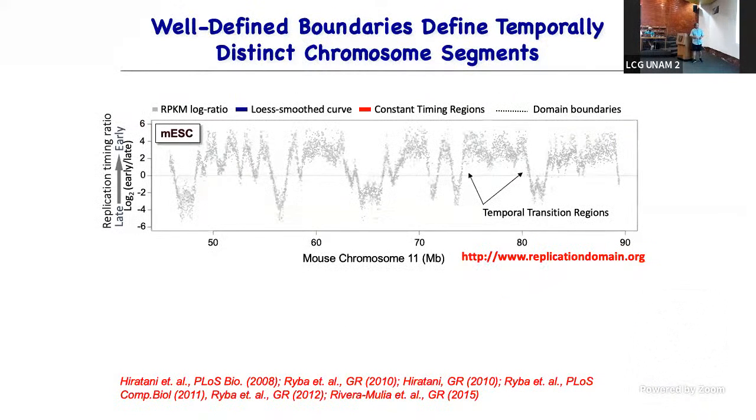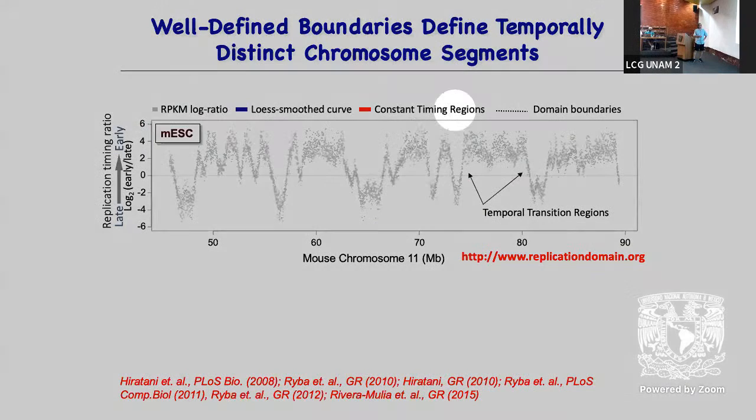Okay, so here's the raw data that we get coming off a sequencing machine in 5 kb bins. And you can see right away that there are early replicating domains, late replicating domains, and middle replicating domains. And you can see that these domains are punctured. I should call them constant timing regions, I should not call them domains at this time, but they're regions where large swaths of the chromosome replicate at relatively constant times.